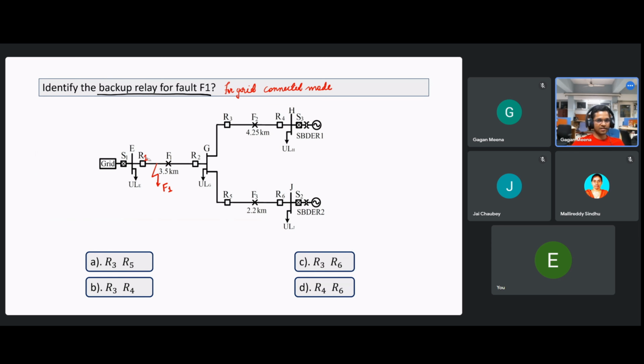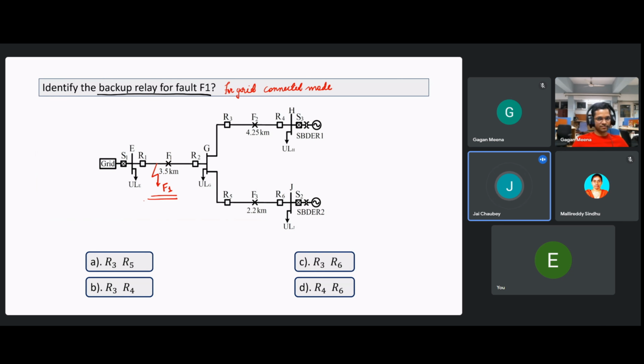Jay, can you tell? Backup relay? No, first tell me which is the primary relay for fault F1. If there is a fault on this line, which are the primary relays?